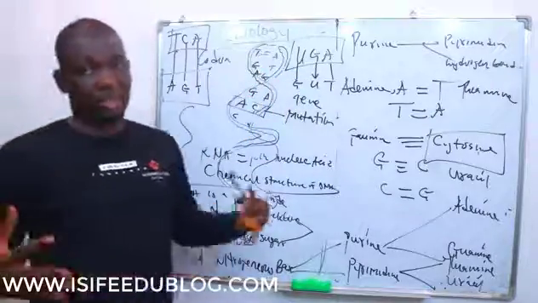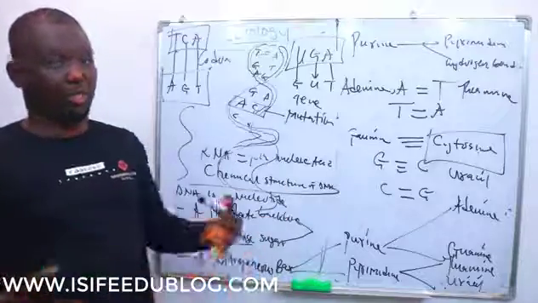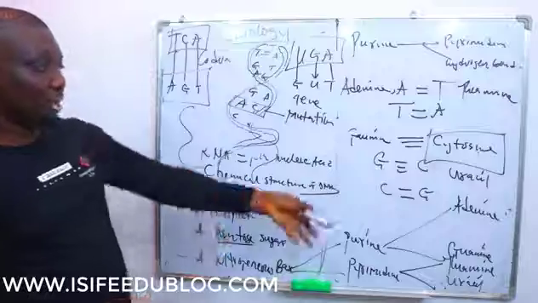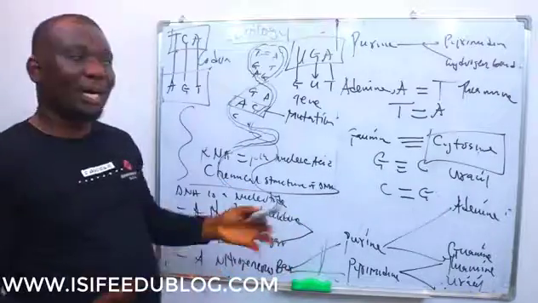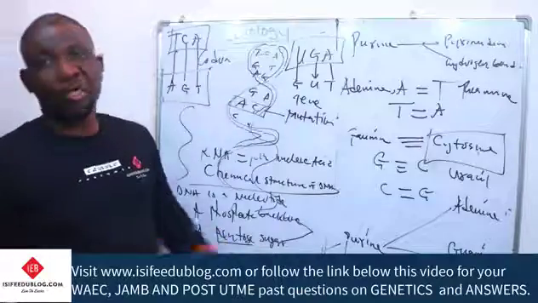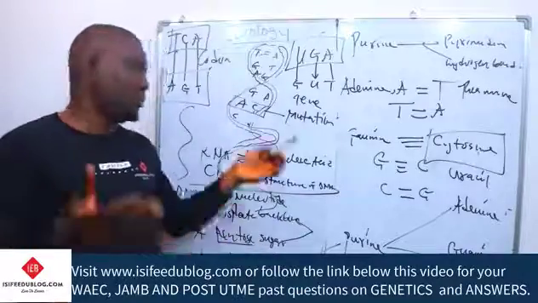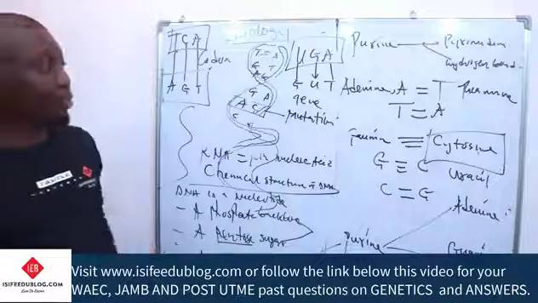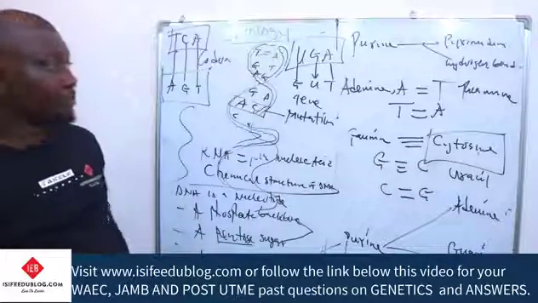Just like I said, what separates these two genetic materials is just a thin line, just slight differences. Both of them are nucleotides, in the sense that both have the nitrogenous base, both have phosphate, and both have the sugar.